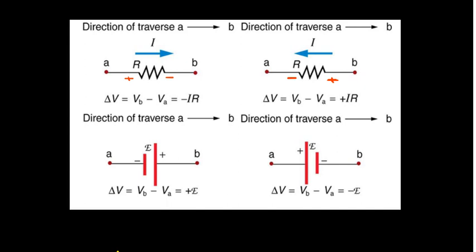So the voltage across this resistor will be a positive IR, okay? Because my travel direction, I was entering the resistor from the negative side, getting out with the positive side. So I will end with a high voltage. Well, that's why it is a positive IR.